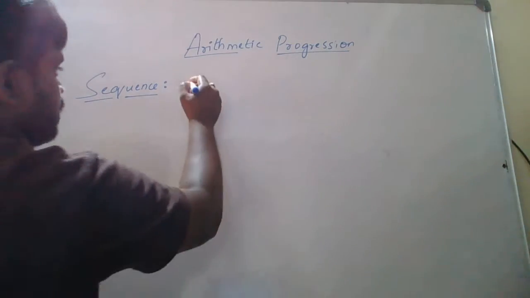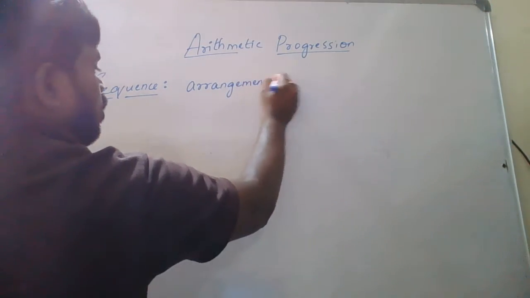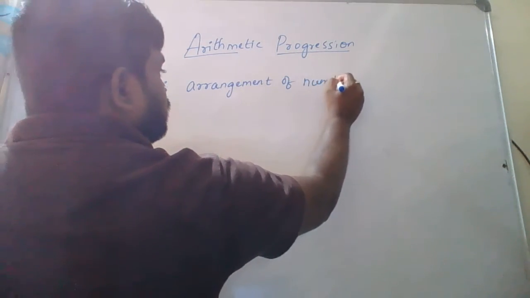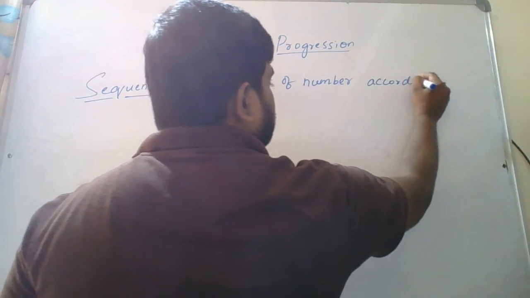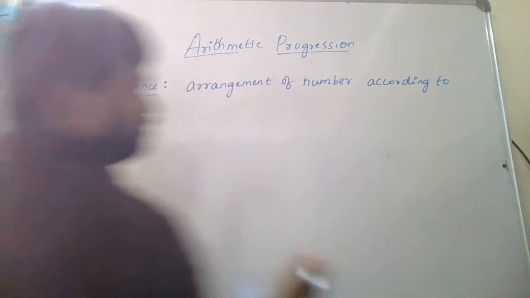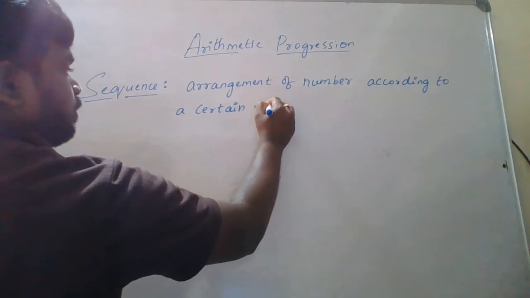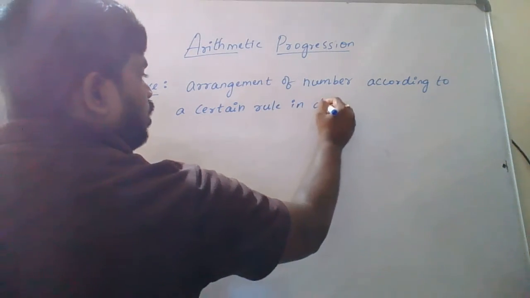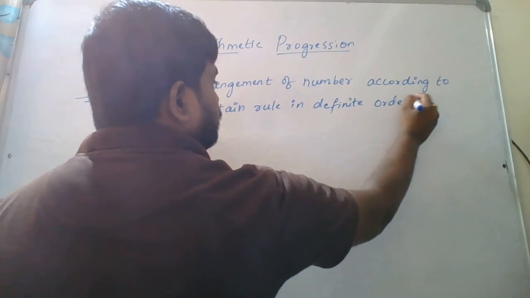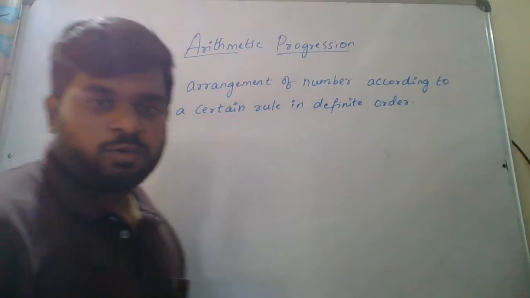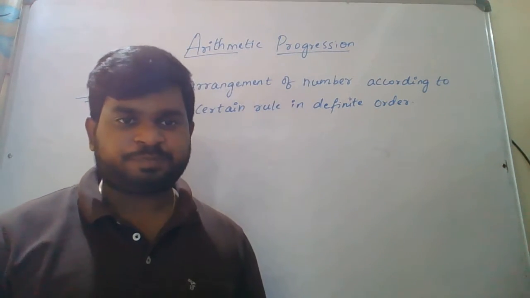Sequence is simply the arrangement of numbers according to a certain rule in definite order. As I told you, the best example is the arrangement of students in the prayer hall.